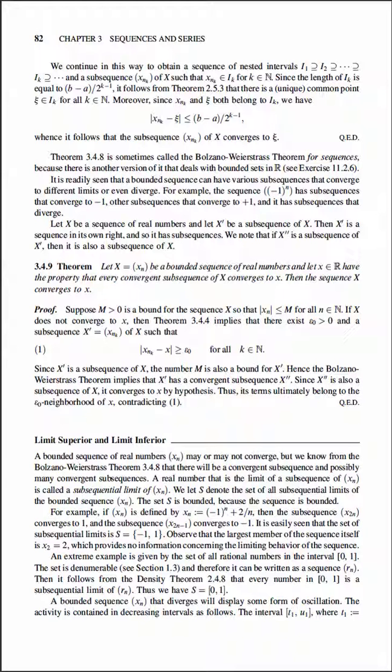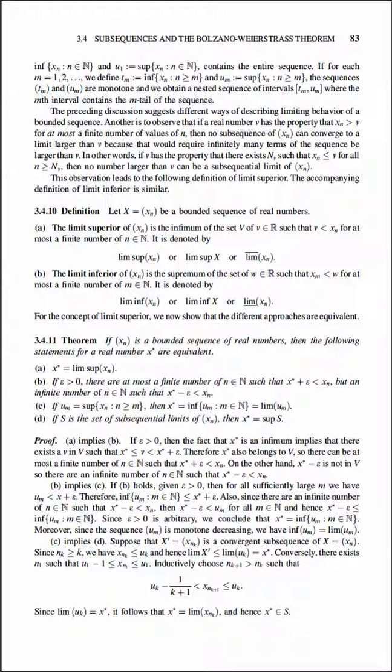So you want to think about, for instance, what happens to the sine of n. It's going to keep oscillating between -1 and 1. And so you can certainly have subsequences that converge to anything you like between -1 and 1. You want to think about what the sup and the inf of that set of subsequential limits is.